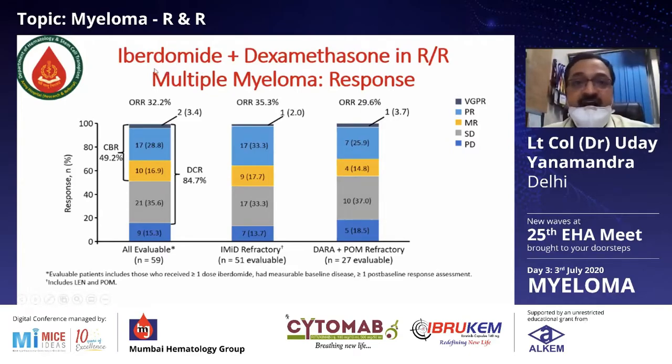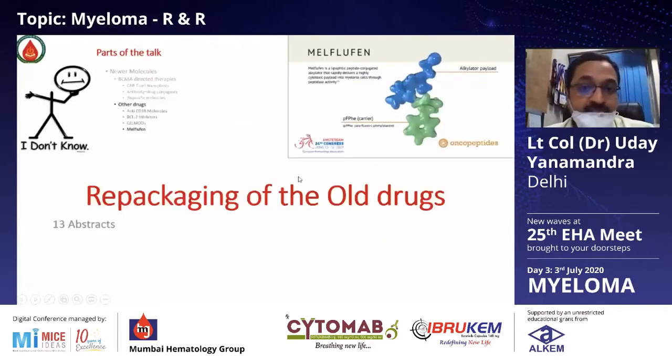In this particular trial, when iberdomide was given along with dexamethasone, there was an overall response rate of around 32%. And if it was given in those patients who are refractory to daratumumab and pomalidomide, the overall response rate was 29%. So again, this might be another drug which might be beneficial particularly in those patients who are already resistant to IMiDs and to bortezomib.